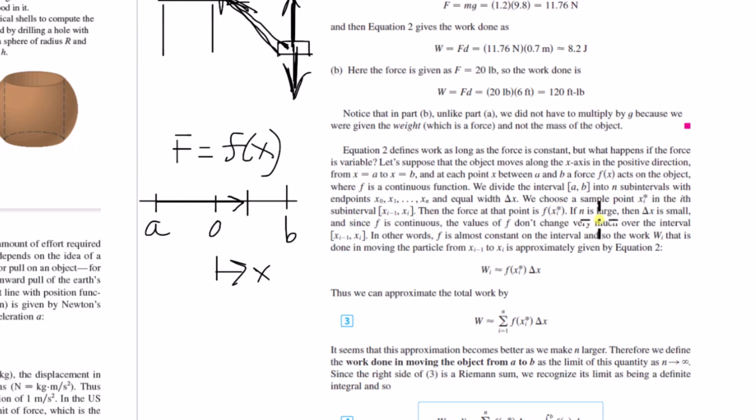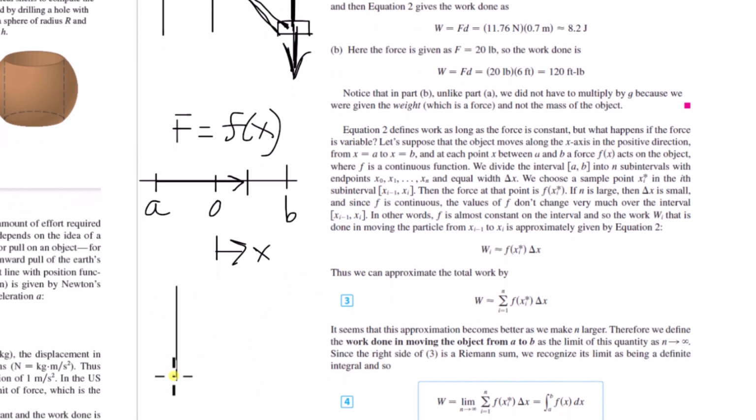And furthermore, as n gets large, it doesn't matter if you pick the left endpoint, the right endpoint, or the midpoint. How could you assume it's constant? Well, that's the whole idea of integration, making these rectangles. That's what we've always done with every integration up to this point, and that we're ever going to do.